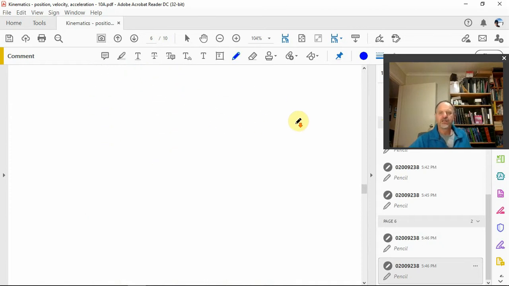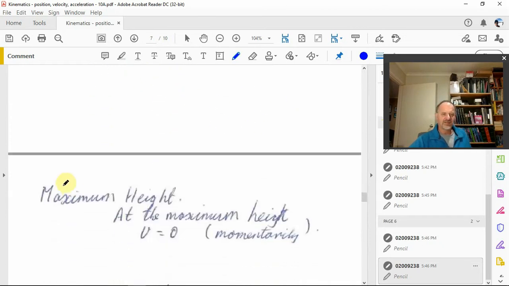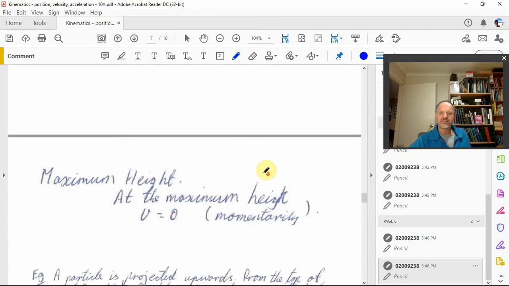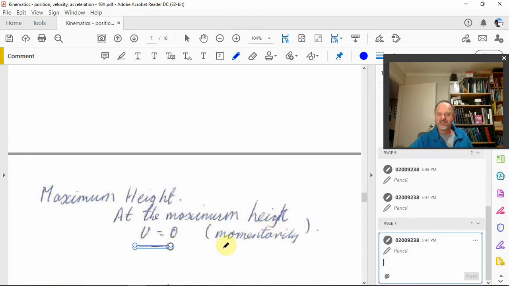So here's another example here. But before we get to this other example, we're going to talk about things that are traveling vertically. Maximum height, at the highest point they get, the velocity is 0 momentarily. If you think about this, as it goes up, for it to come down, it's got to slow down and then come down again.